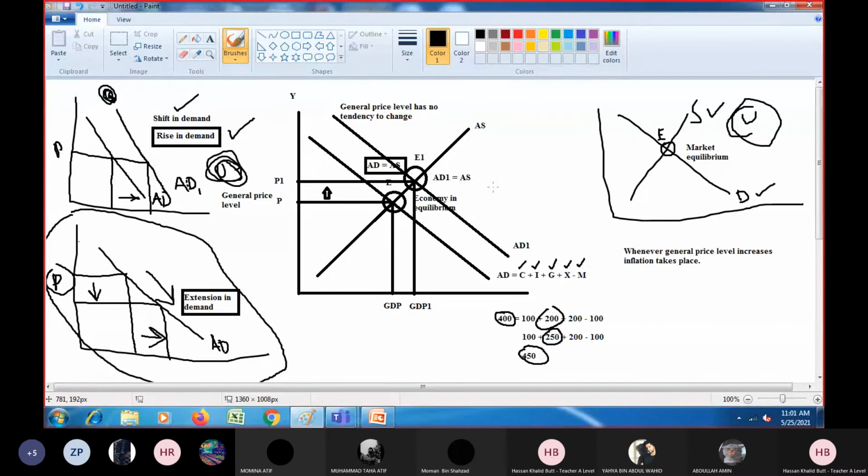Otherwise, if we only consider aggregate demand, that only shows the willingness of the people to buy, right? But if there is no output, how can GDP increase? It means aggregate supply needs to be considered as well. So in the diagram above which you pointed out, we only took price and aggregate demand.